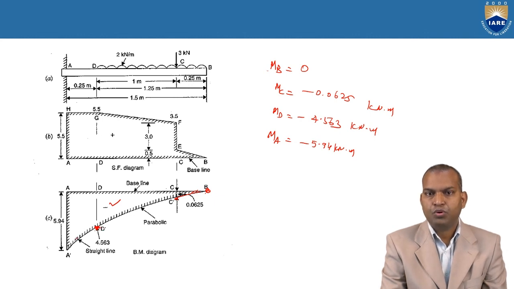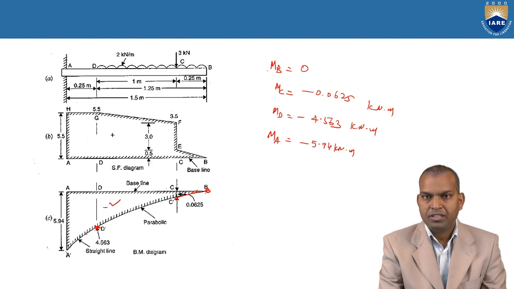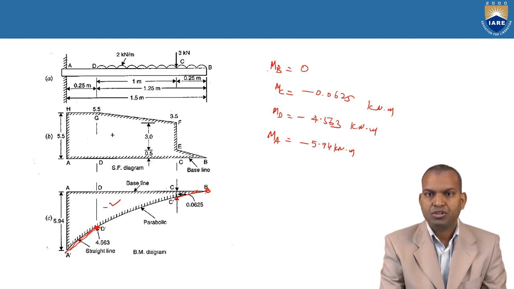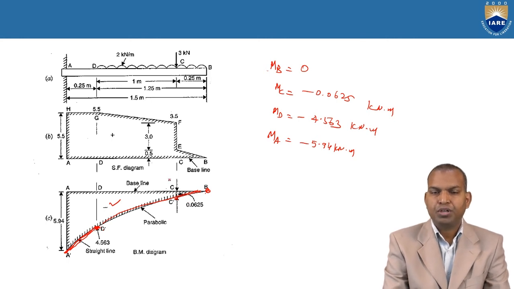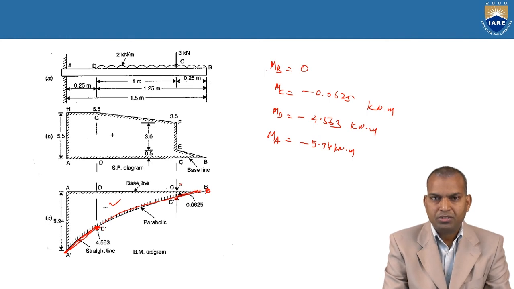Next, point D to point A, that is minus 5.94. That's why it is a straight line. This portion is a straight line because there is no load change. Now it is a parabolic curve from point B to point D, because UDL is acting, therefore it changes parabolically.